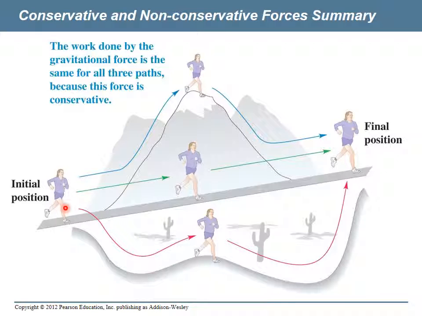But if the runner runs up very hard here and then much easier on the way down, then the energy at the end is the same here, right? The change in potential energy is the same. Or if the runner starts out easy, runs down, then across, then back up, makes it hard at the end, then it's still the same total amount of work done, or the same energy at the end, because gravity is conservative.